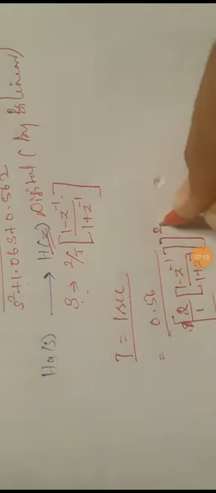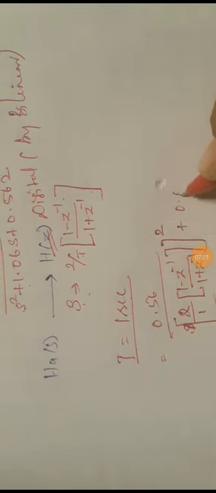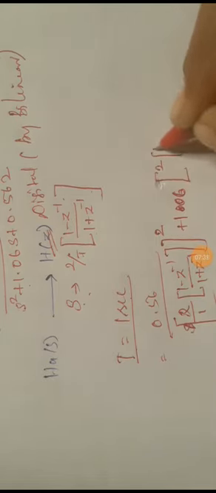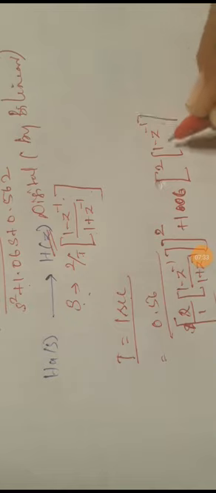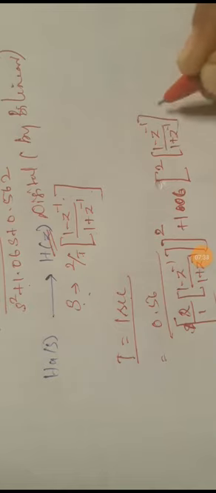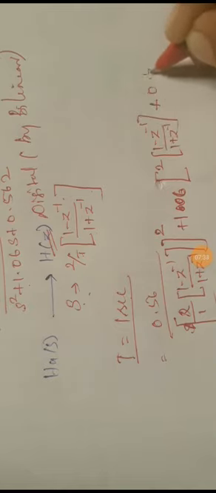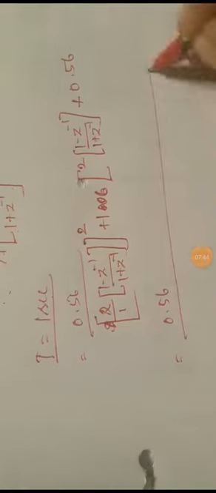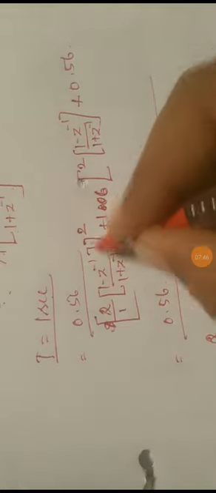Next, in H(s), it is 1.06 into s. Instead of s, it is 2 into 1 minus z inverse divided by 1 plus z inverse, plus 1, plus 0.56. Again here the same procedure: 1 plus z inverse the whole square to the numerator.